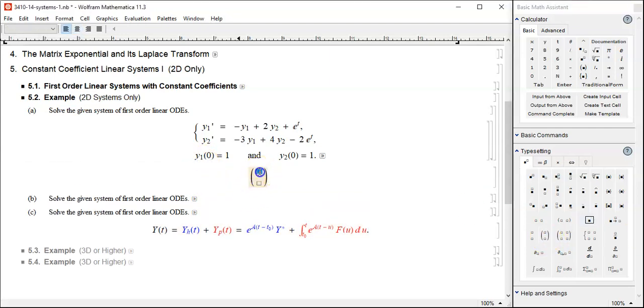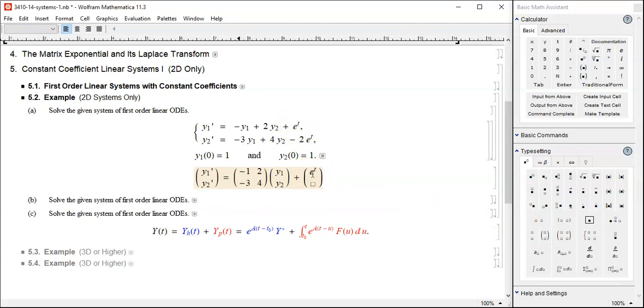So y1 prime, y2 prime is equal to, let's look at this part, minus 1, 2, minus 3, 4 times y1, y2, plus the non-homogeneous part, exponential of t, and then minus 2 exponential of t.